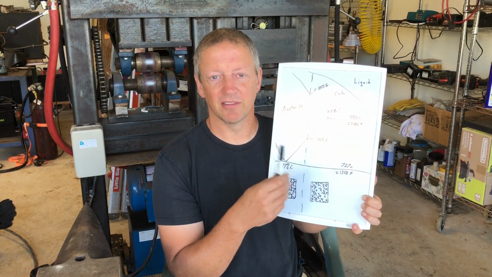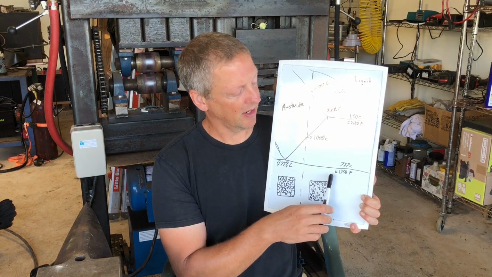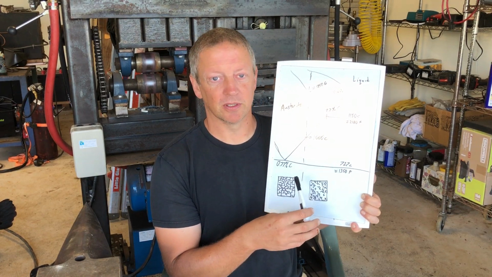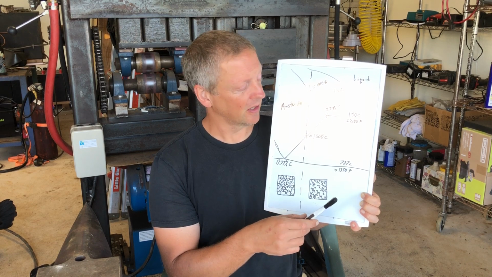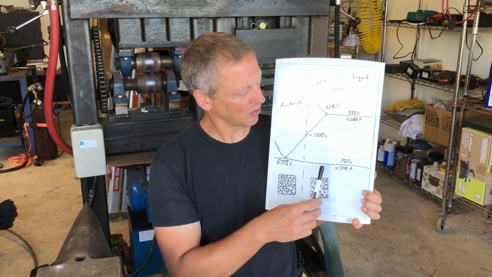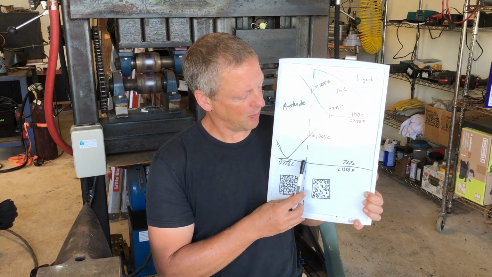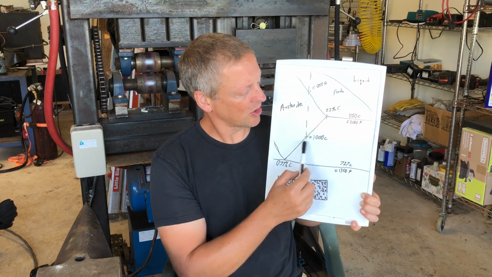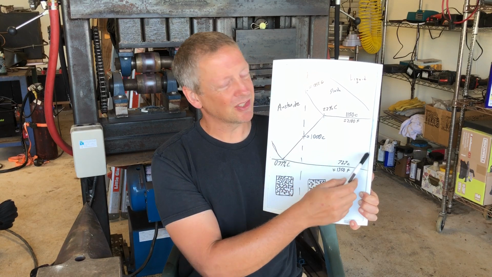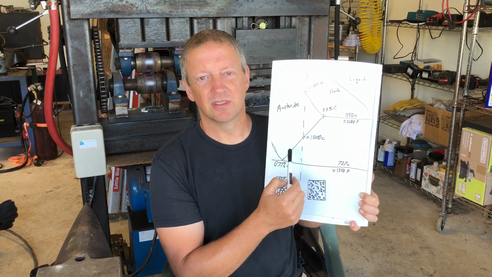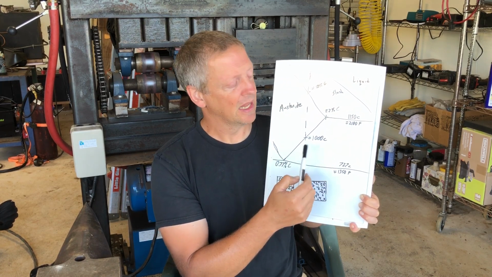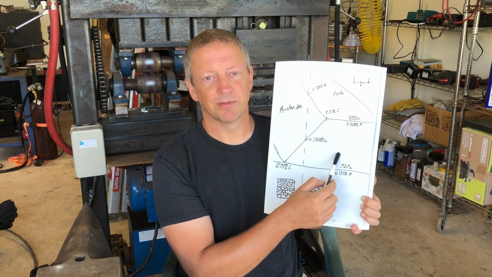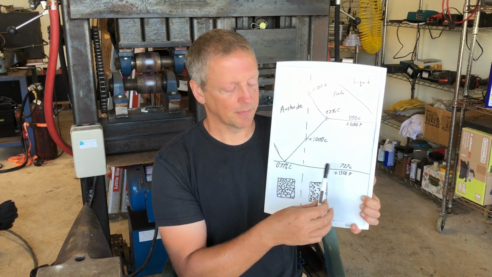The phase diagram that I have is in centigrade, so that's why I have approximate values for the Fahrenheit numbers. In any case, we get up here to critical and enter this zone, which is a mixture of austenite and free carbide, free cementite.